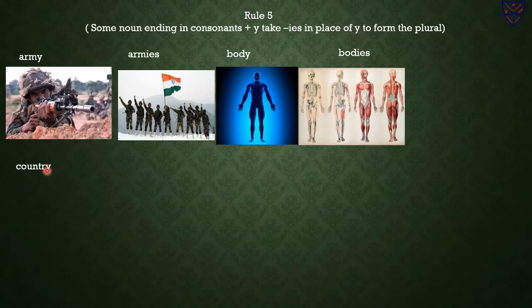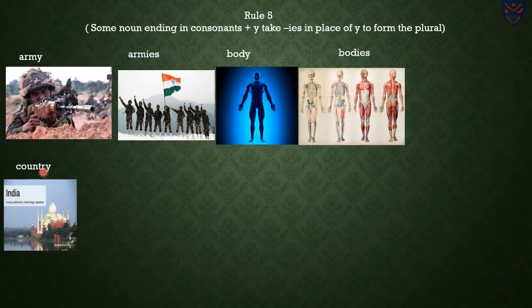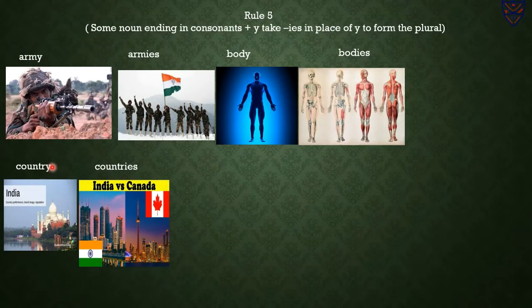Country. At last y is there. Before y you can see r. It's a consonant. So to convert this country into plural, we have to cut y and we will add ies, countries.